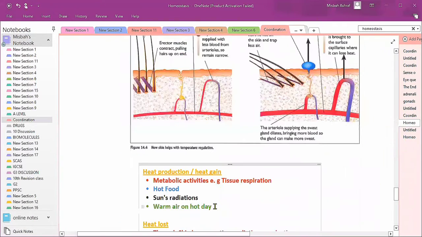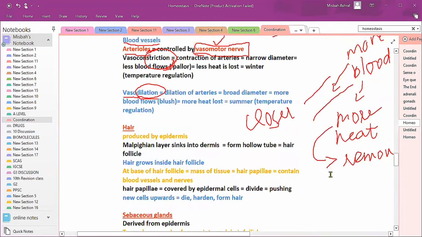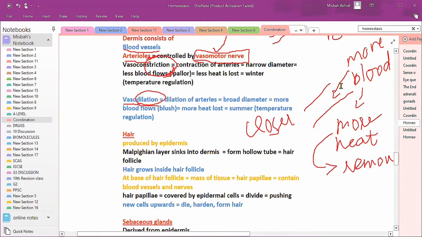In vasodilation, more blood is flowing, which means more heat is flowing through those capillaries, and as these are closer to the skin, more heat is actually removed from the body. So when do we have to remove heat? In summer, as in summer there is more heat in our body, so that should be removed from the body to maintain the temperature at constant. So it is removed from here too, through our skin. This is its function.